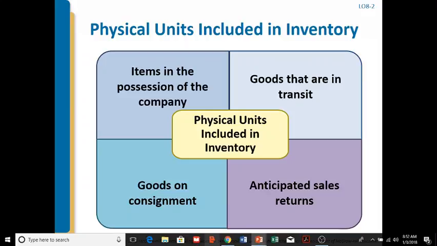Well, bottom line is, if you have title to goods, you have to include those in your ending inventory, even though you don't have physical possession of those items. And so those are called items that are in transit.